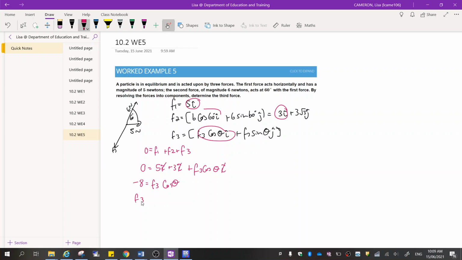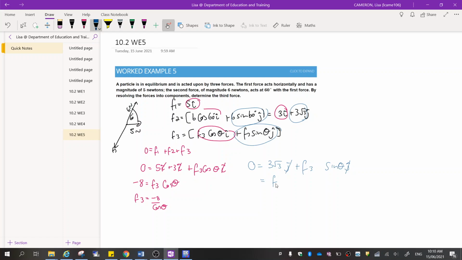Now I'm going to get F3 on its own by taking the cos theta across by dividing. And now I've got F3 in terms of its own. Now I can start grabbing my other terms and solving for that. So 0 is going to be equal to 3 root 3 j plus F3 sine theta j.